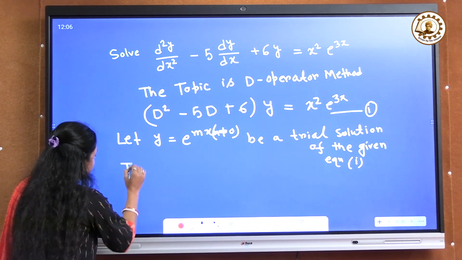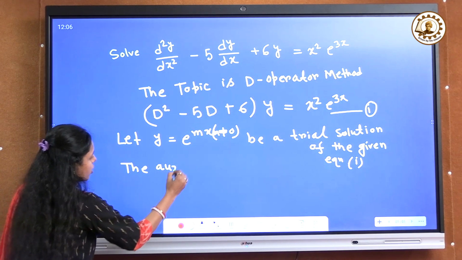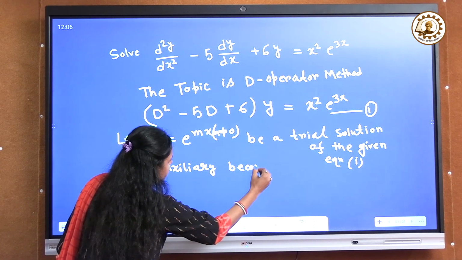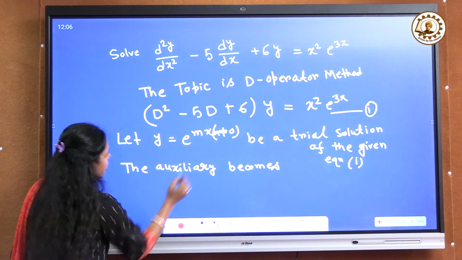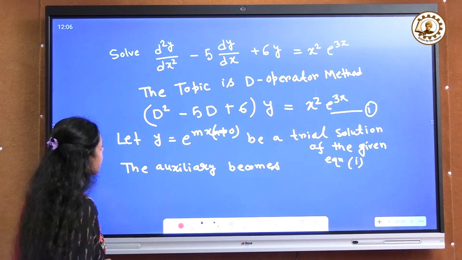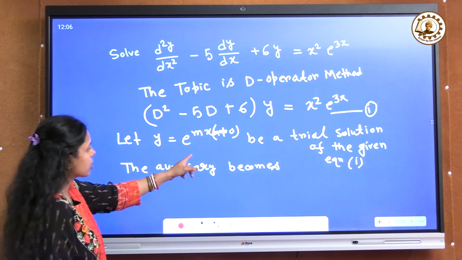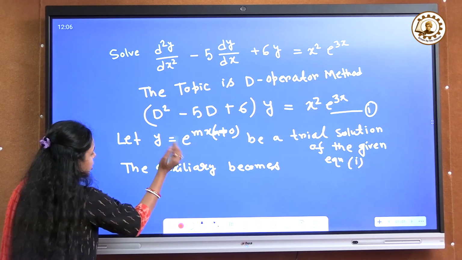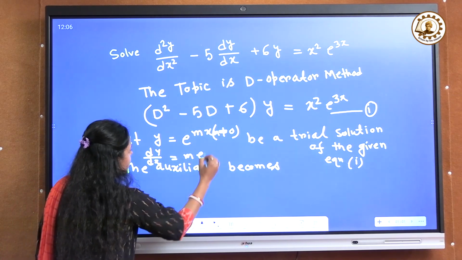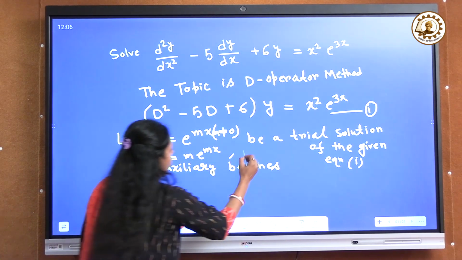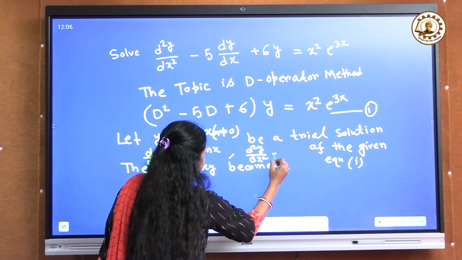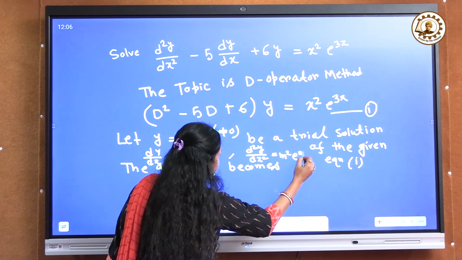The auxiliary equation becomes, here we put y equal to e to the power mx. Now dy by dx is equal to m e to the power mx, and again d2y by dx square is equal to m square e to the power mx.